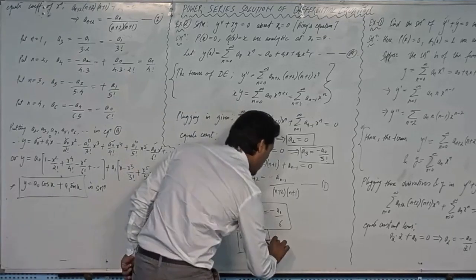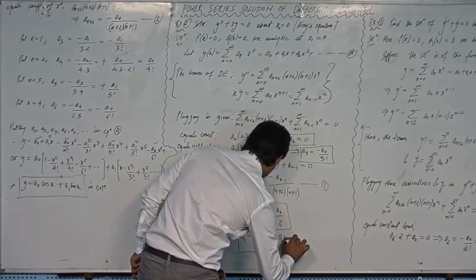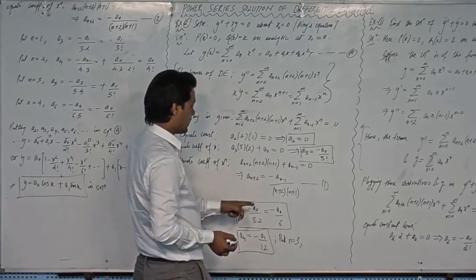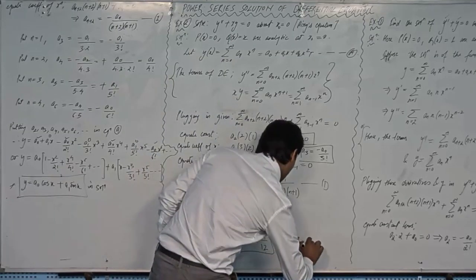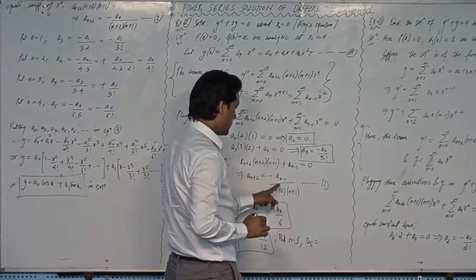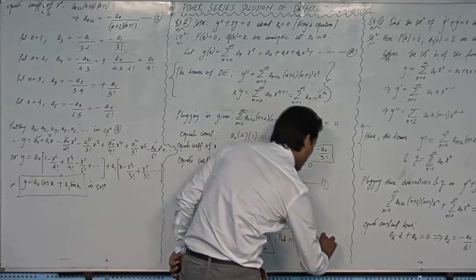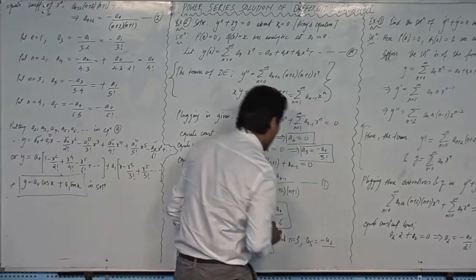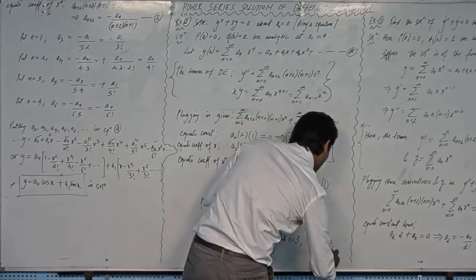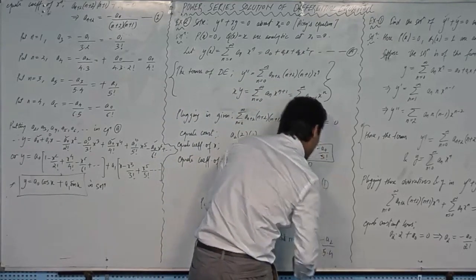Now I should obtain one more coefficient. Put n equal to 3, that will produce a5 equal to minus of a2 over 3 plus 2, 5 multiplied by 4, right?